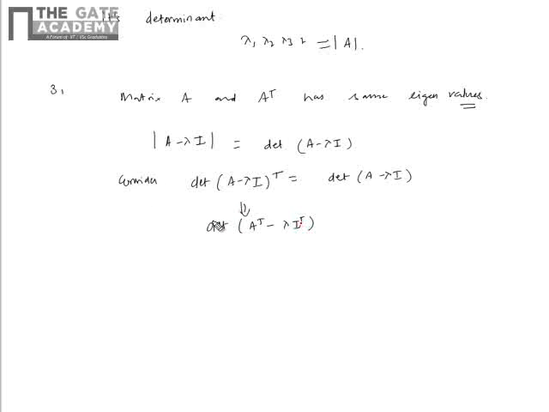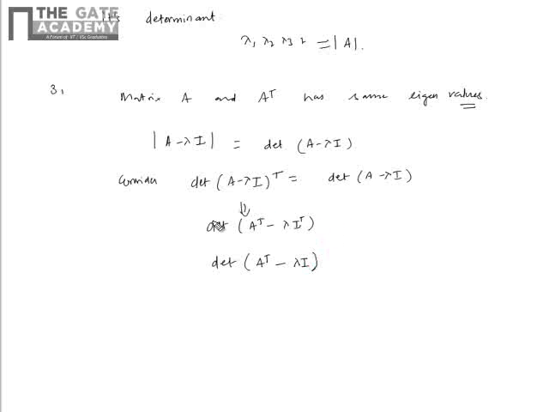Basically, the transpose of A plus B is A transpose plus B transpose, something like that. Now I transpose is basically I only. A transpose is A transpose. The transpose of the identity matrix comes out to be the identity matrix only.